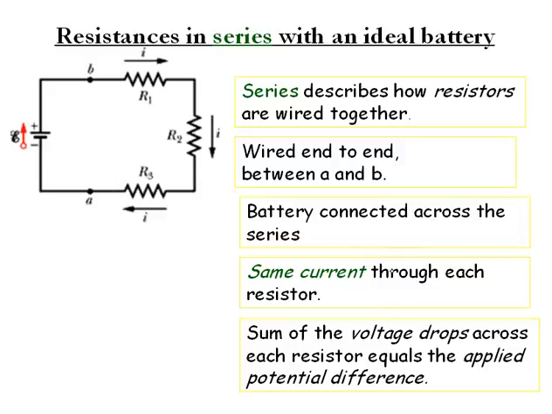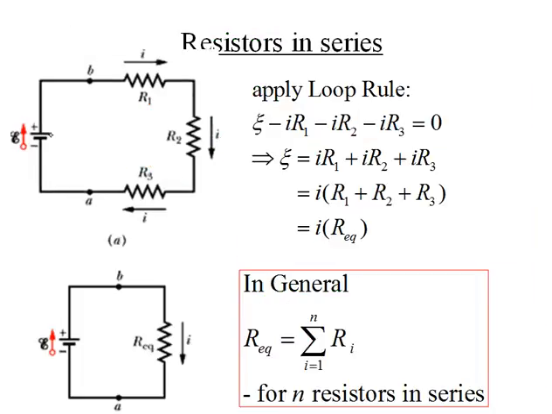The sum of the potential drops across each resistor, so if we call this V1 and we call this V2 and we call this V3, then V1 plus V2 plus V3 must be equal to the EMF of the battery, or the applied potential difference.